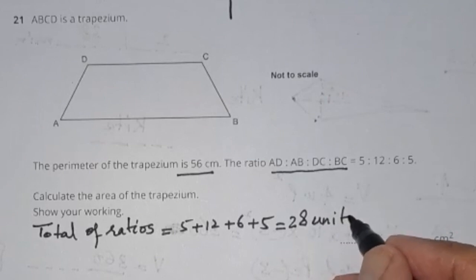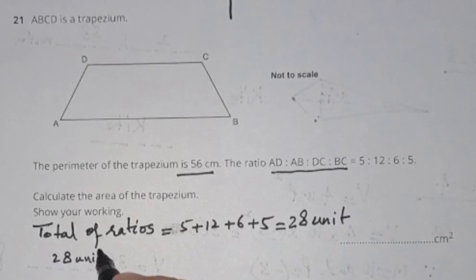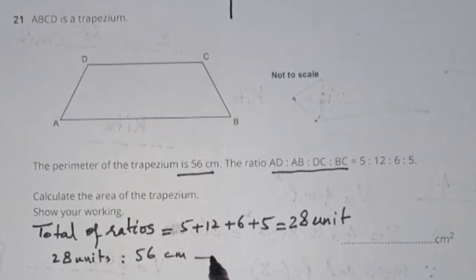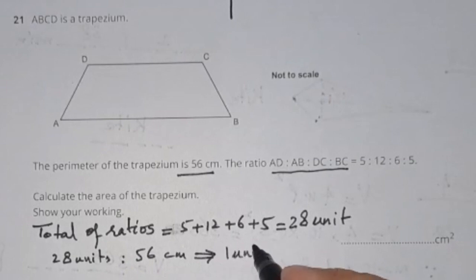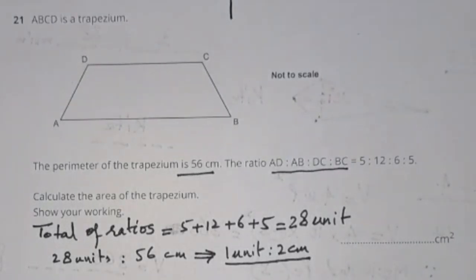Now we compare 28 units with 56 centimeter. 28 units is to 56 centimeter, means that 1 unit is to 2 centimeter. This is going to give us a lot of ease while working the area.